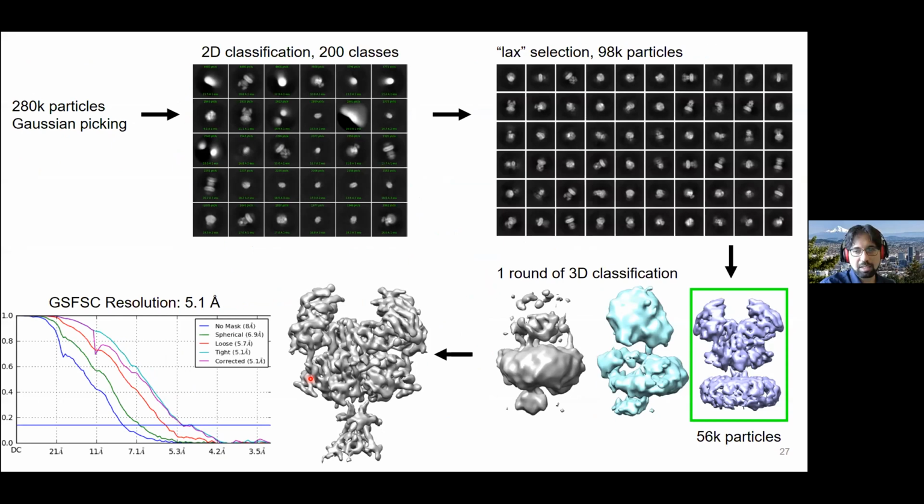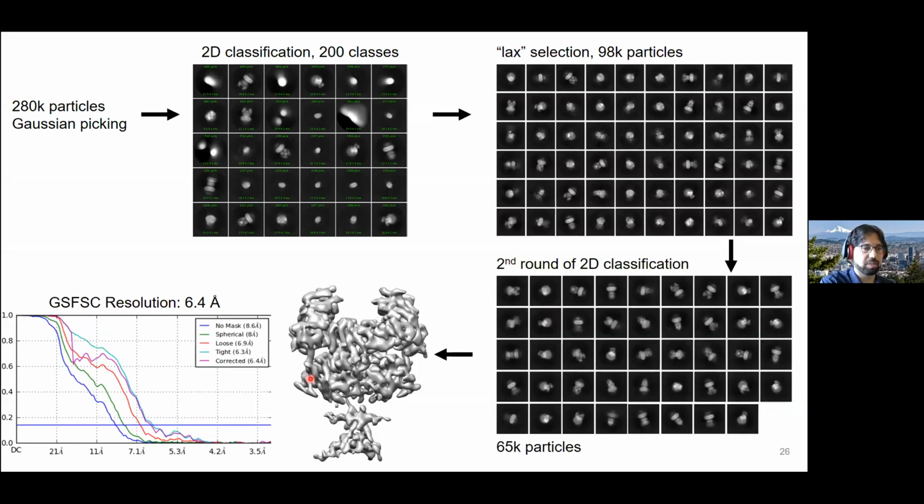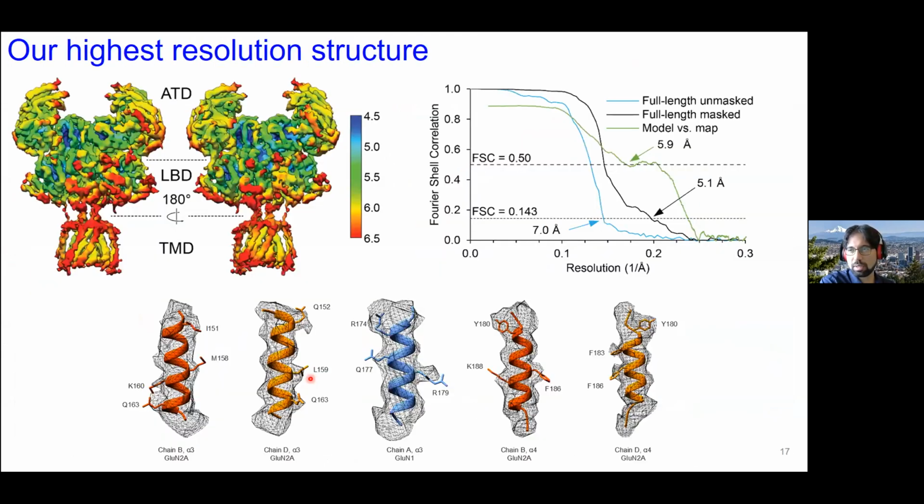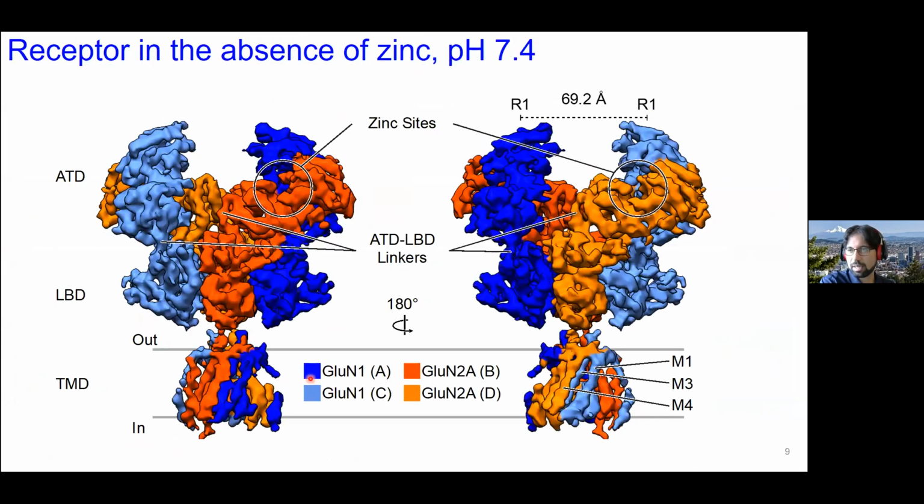Because your initial model should be filtered to relatively low resolution, you shouldn't have to worry too much. As long as the overall shape of the receptor at like 10 or 12 angstrom is the same, it should be okay.